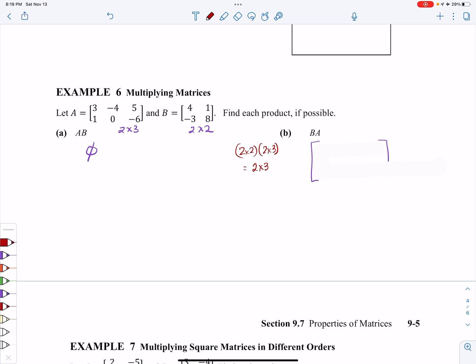So go ahead, put B into your calculator, put A into your calculator, and then go to the names column and simply do matrix B times matrix A. Make sure you put matrix B first, and you should get a 2 by 3 matrix. That is this one right here.